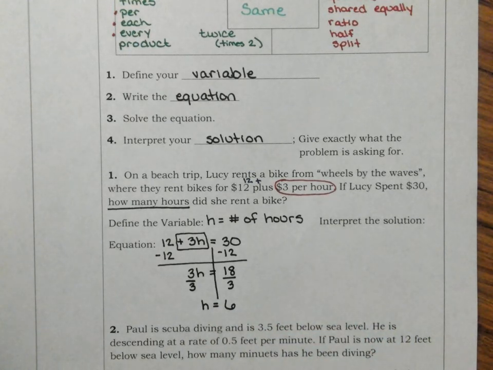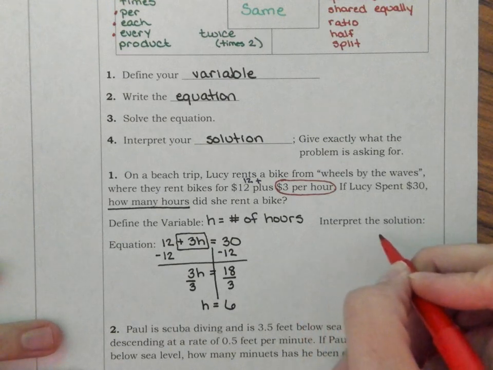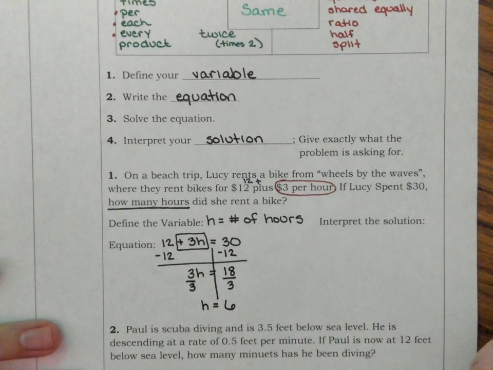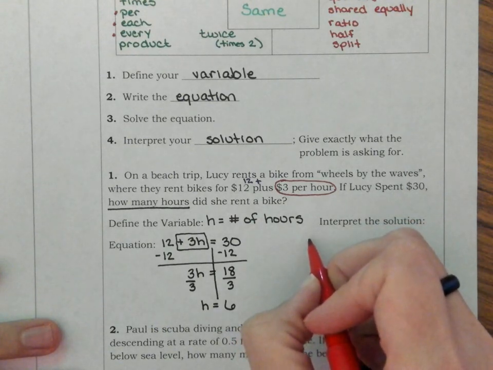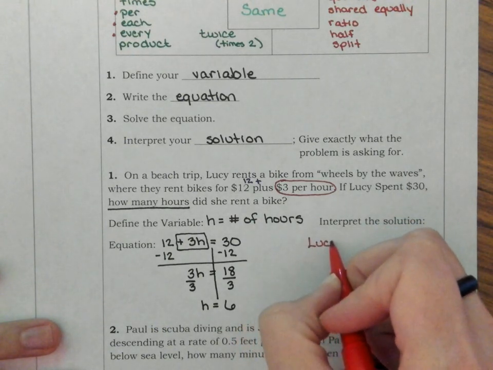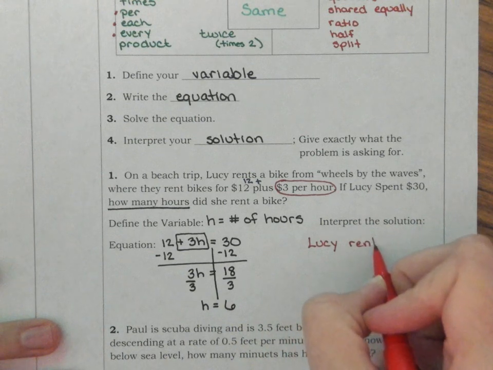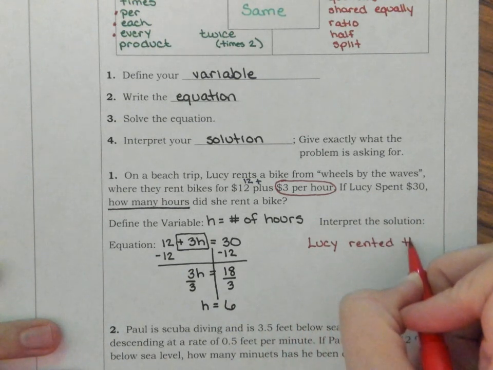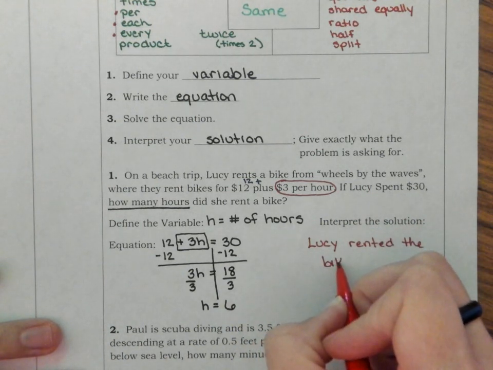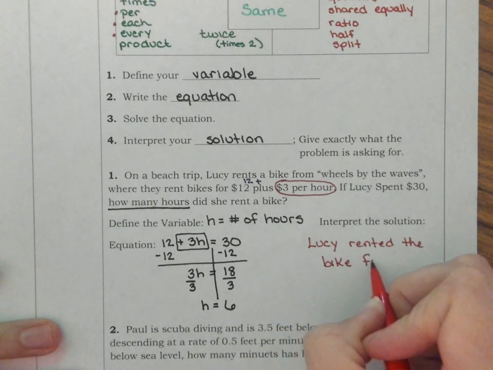And remember, H is hours, the number of hours. So our solution, anytime we write a solution for a word problem, I want you to write a complete sentence. So this one would read, Lucy rented the bike for 6 hours.